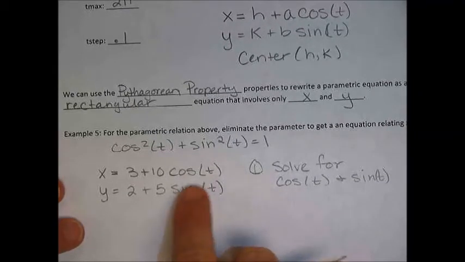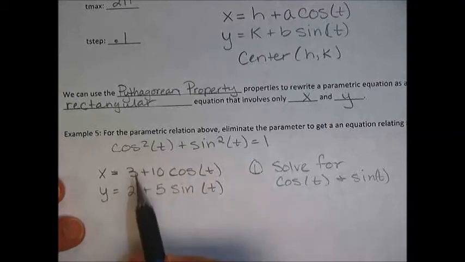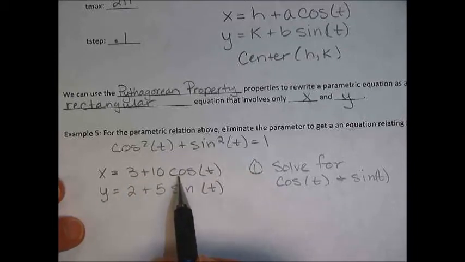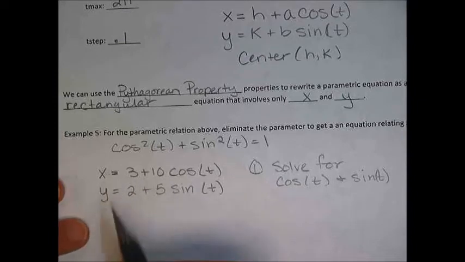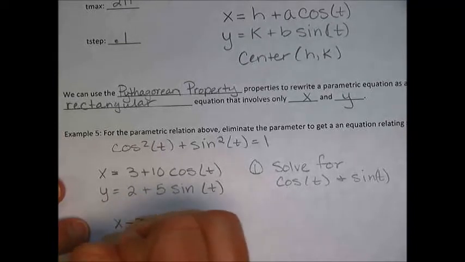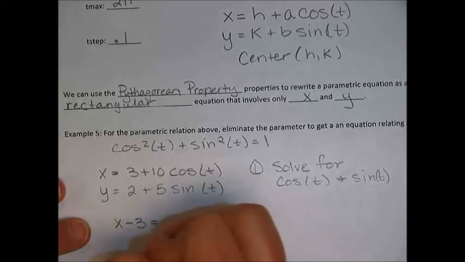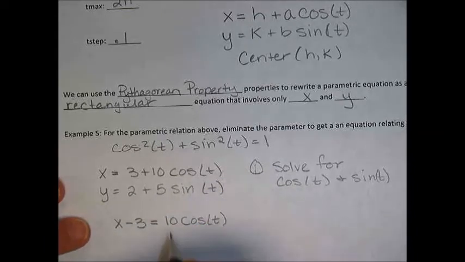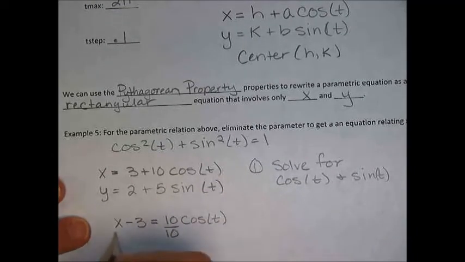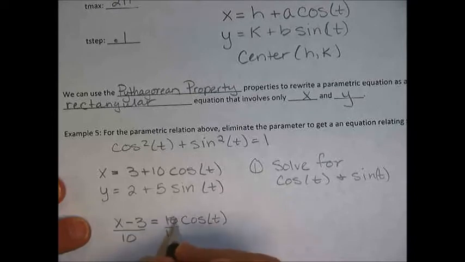So here, I'm a little short on space. If I want to get cosine all by itself, I want to isolate the cosine. I would subtract the 3 over to the other side, and that would make this x minus 3 equals 10 times the cosine of t. But I want cosine isolated, so then I would divide by 10.